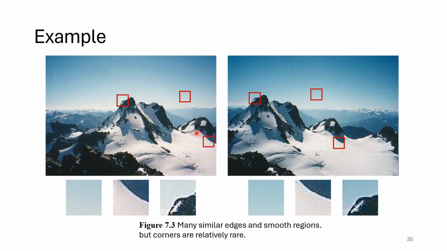But if you use an edge patch as your key point, like this one, the problem is there are many similar edges in the target image. If you use a smooth region as your key point, there will also be a problem: there are many similar patches in the target image.